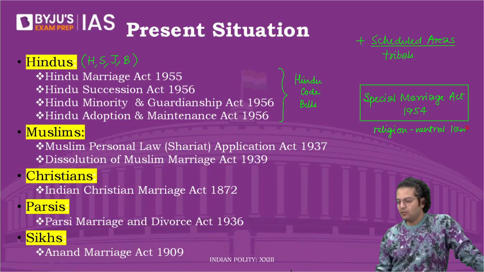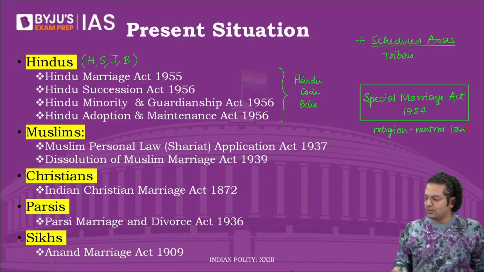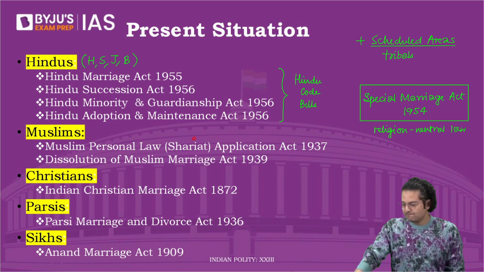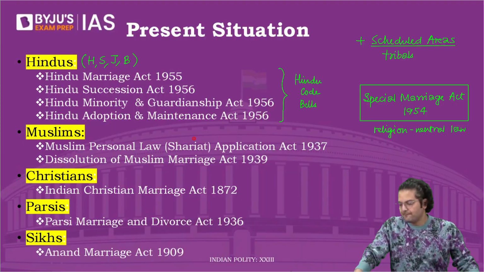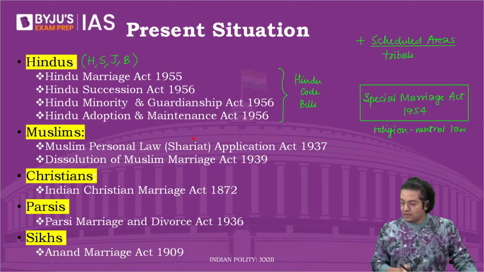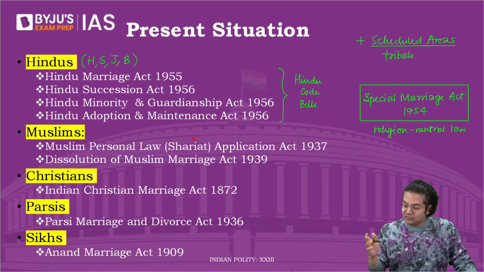Tell me, what is the problem? Why do you want one common law? Those who said yes, please tell me. Women's rights. Gender equality. To remove communal fights. Uniformity is the biggest unity.